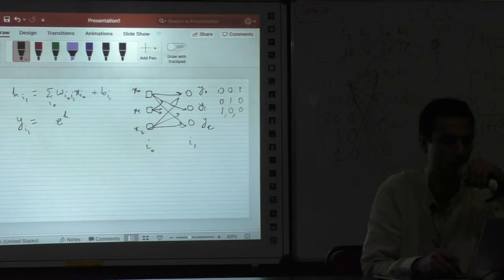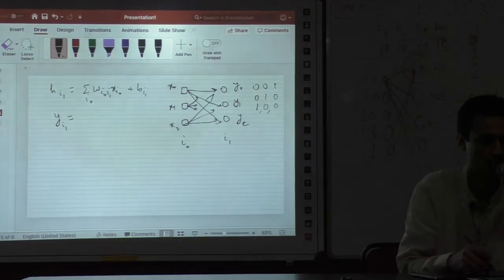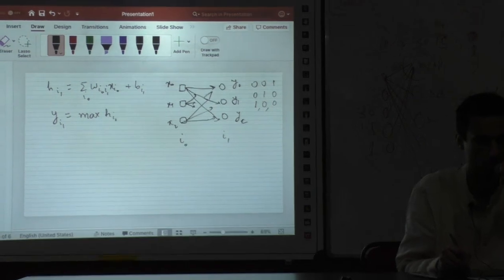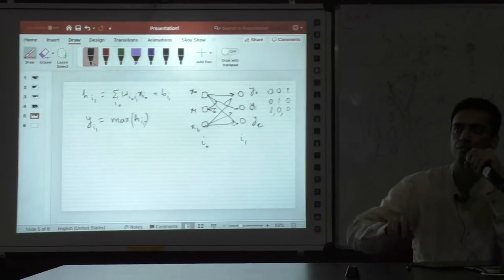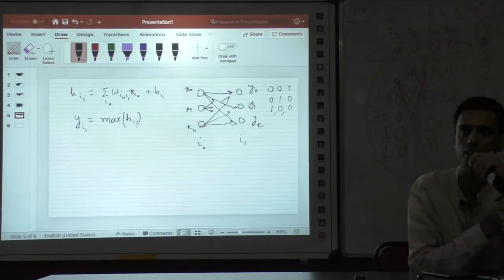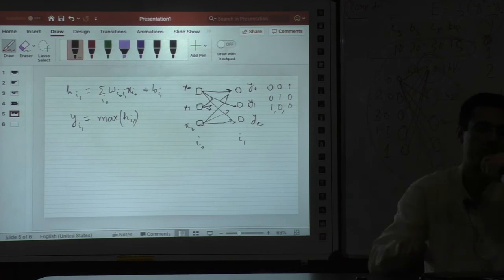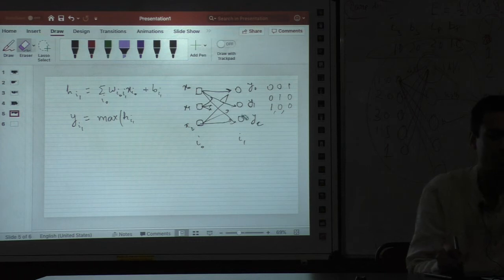Let me not write it straight away. Let me write it like this. Is this a good approach? Because you are directly taking the maximum value, and whichever is the maximum you make it 1. I have to write it a little more precisely: out of these 3 nodes, whichever is maximum you make it 1, and whichever is not maximum you make it 0.